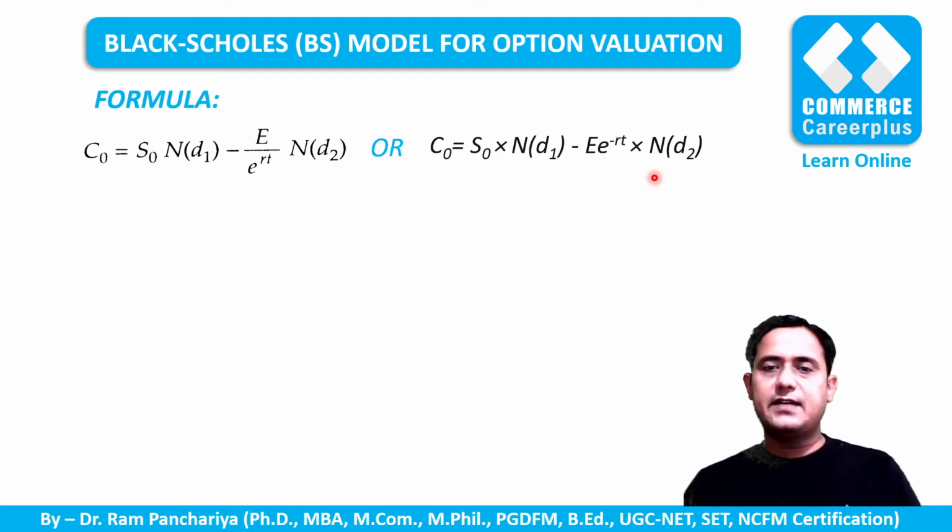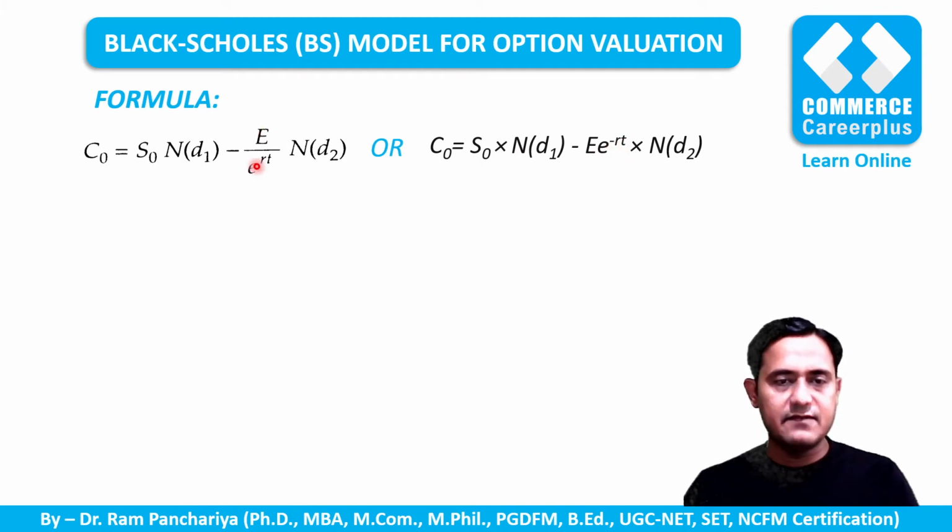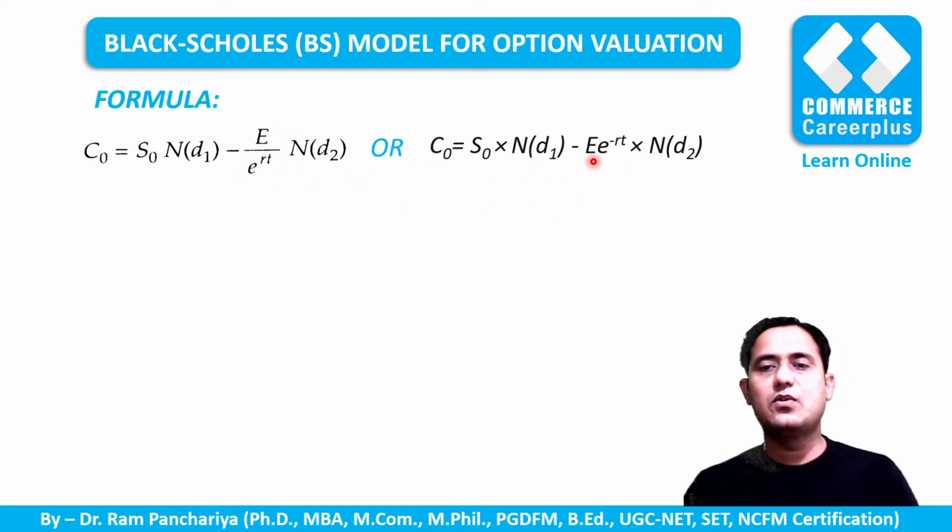So again I repeat this formula. C0 equals to S0 multiplied by ND1 minus E multiplied by e to the power minus RT, यहाँ पे था E divided by e to the power RT. अब ये multiplication में अगर यहाँ जाता है तो ये RT जो है ये होगा minus RT multiplied by ND2.